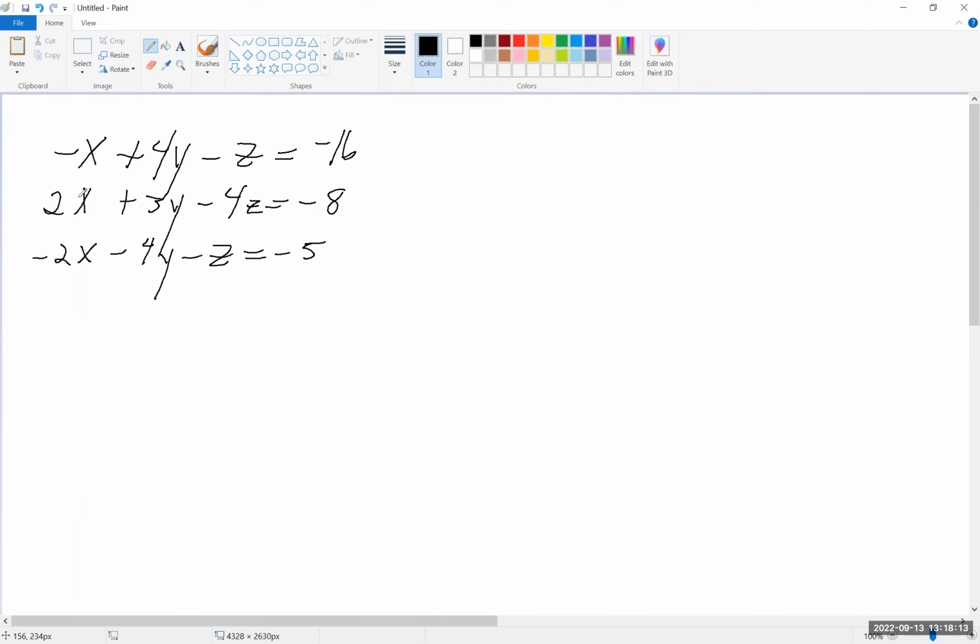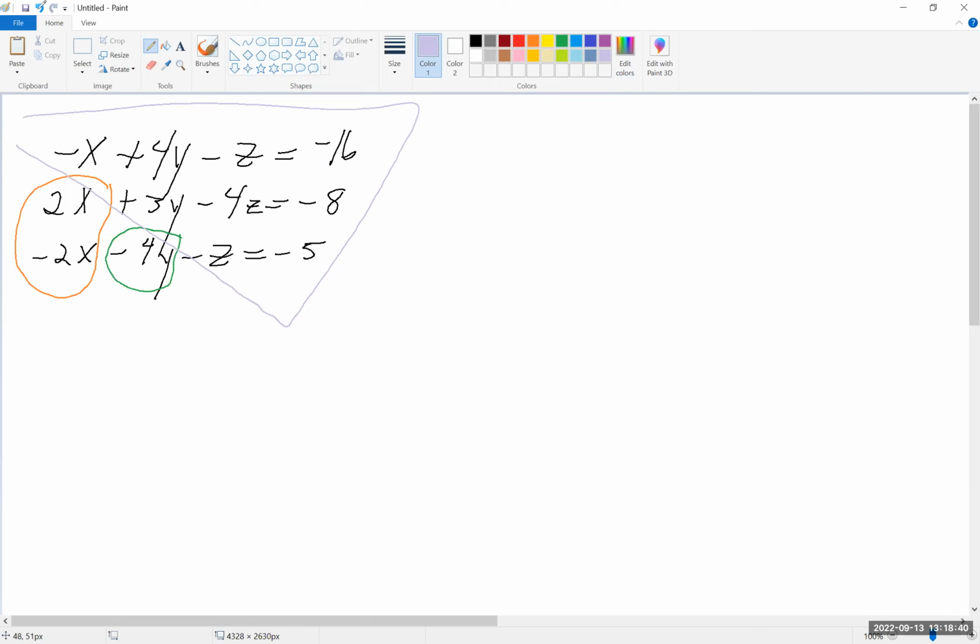But we basically want to somehow get rid of the x's first, and then in the next step we want to get rid of a y so that we're left with that upper triangular form.